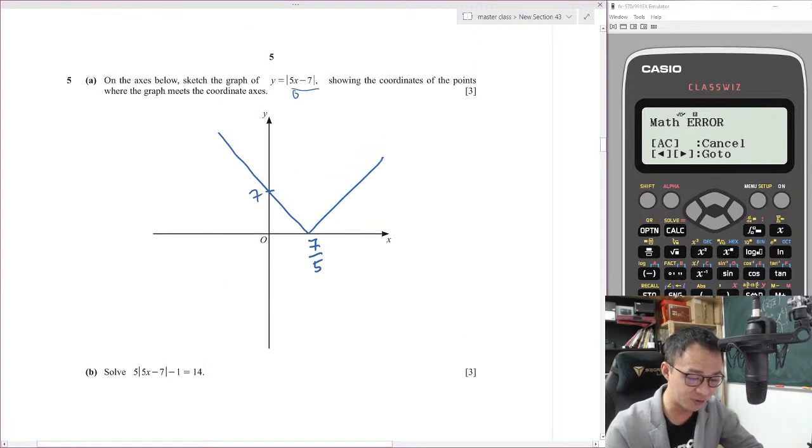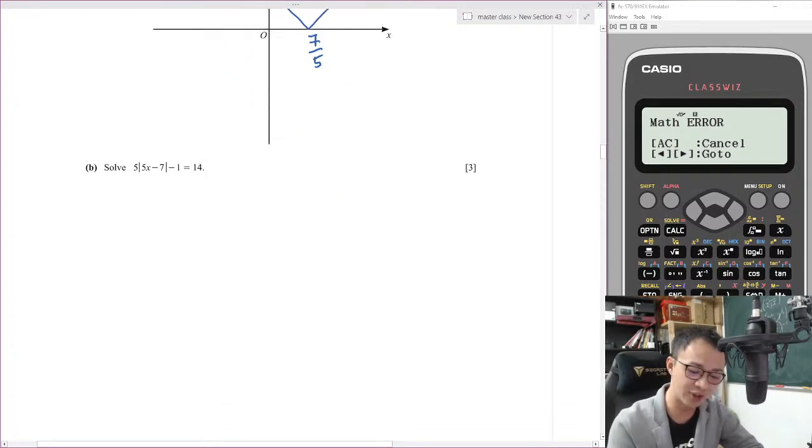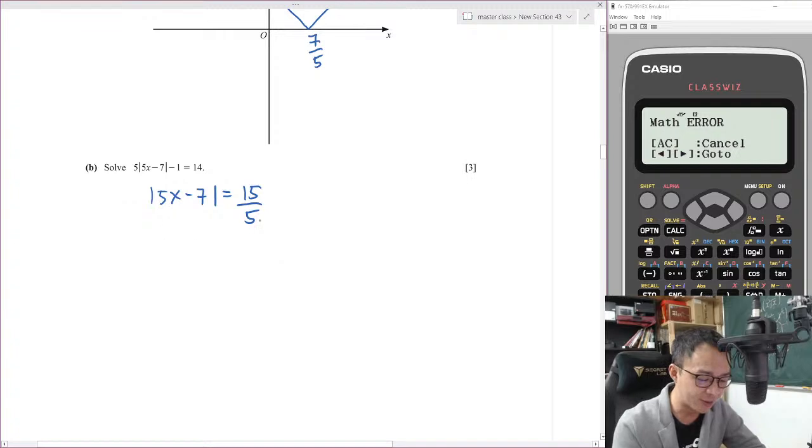Alright, the second part asks us to solve it. I believe we do not need to use the graph again. We just need to solve manually. We move the 5 and the -1 to the other side, so modulus of 5x minus 7 equals 15 over 5, which is 3.